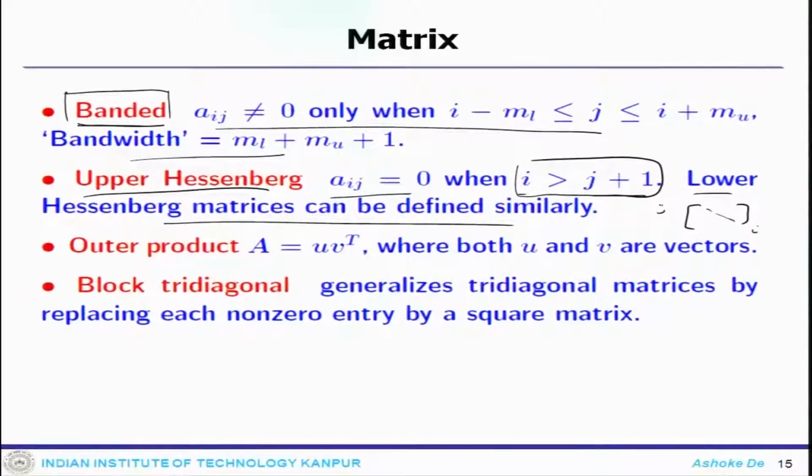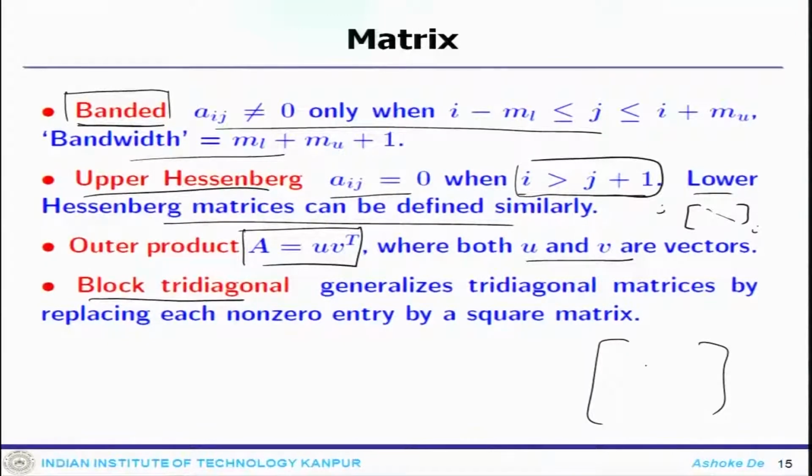Outer product means if you have two vectors u and v, then the matrix will give you the outer product. Or you can also have a block tridiagonal system, which is generally tridiagonal matrices within a system.